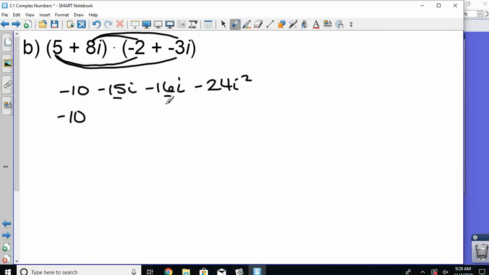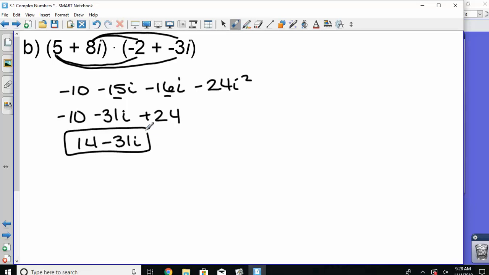Negative 15i and negative 16i would be negative 31i. Negative 24i squared is positive 24, so negative 10 plus 24 would be 14 minus 31i. Do we need more multiplication?